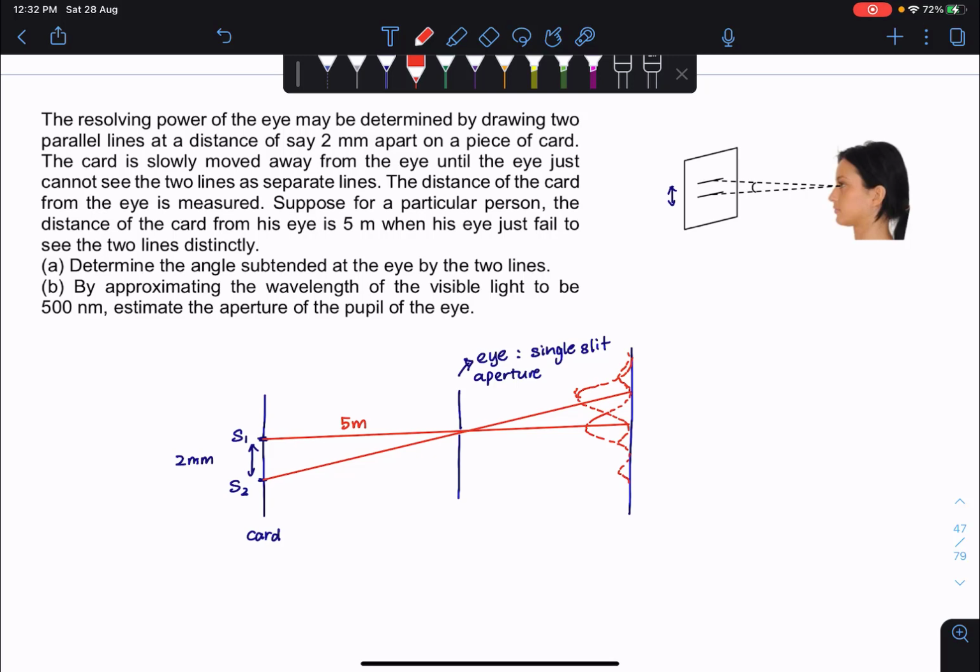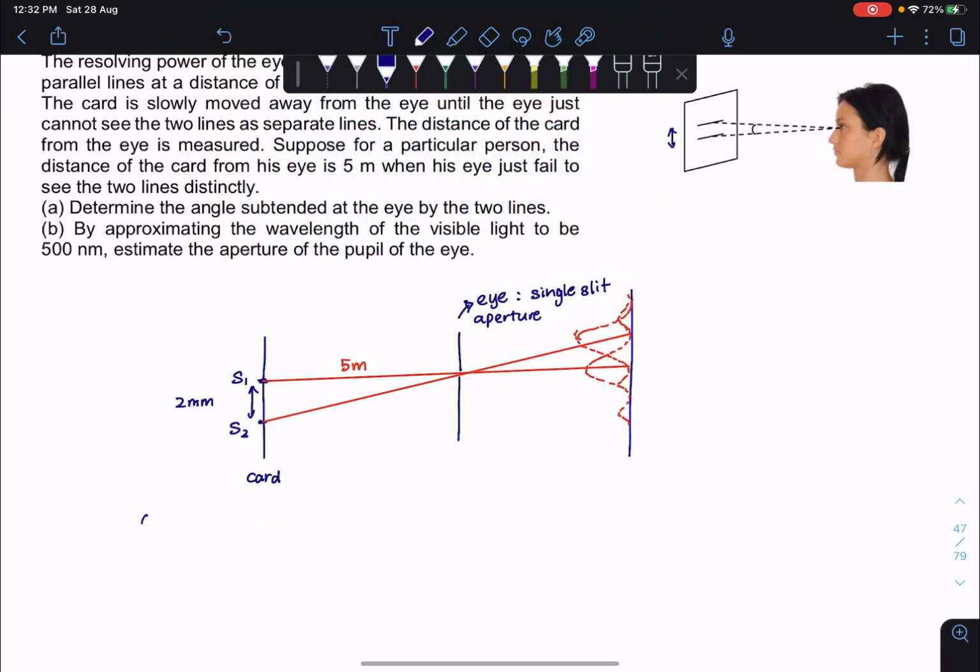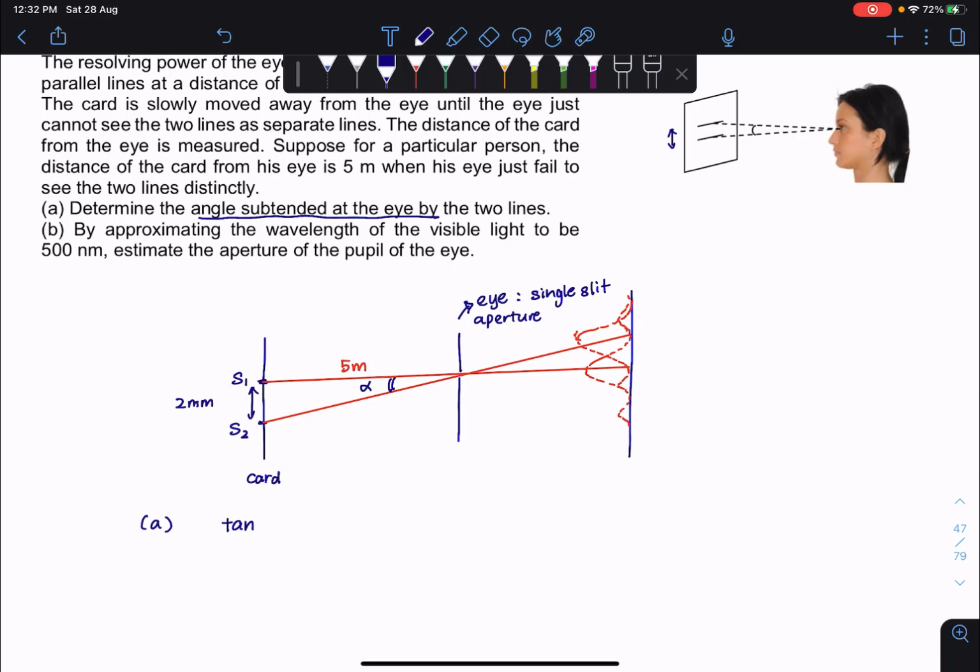Let's look at what the question wants. Part A wants us to determine the angle that's subtended at the eye by the two lines. So what we want is this angle here, alpha. If you look at alpha using trigonometry, we don't need to apply our single slit equation here yet. It's just basic trigonometry. This is a right angled triangle.